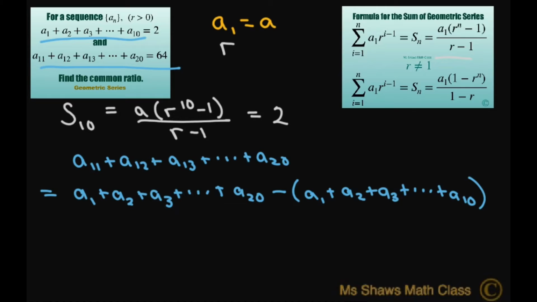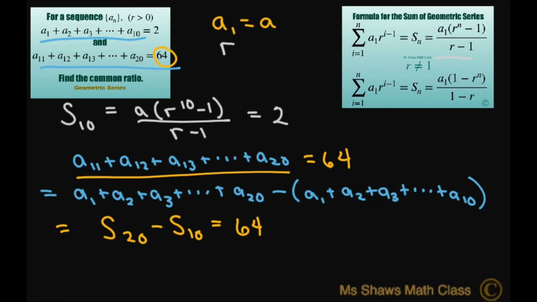Now that we have that, this equals the sum of the first 20 terms minus the sum of the first 10 terms, which is going to equal 64, because that's given here.